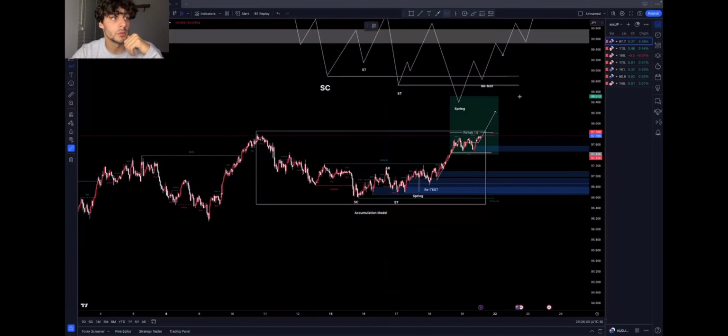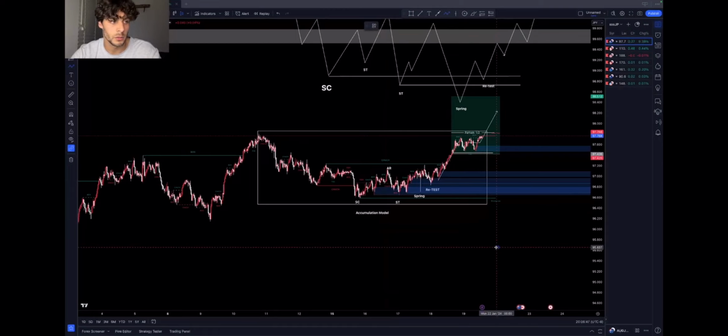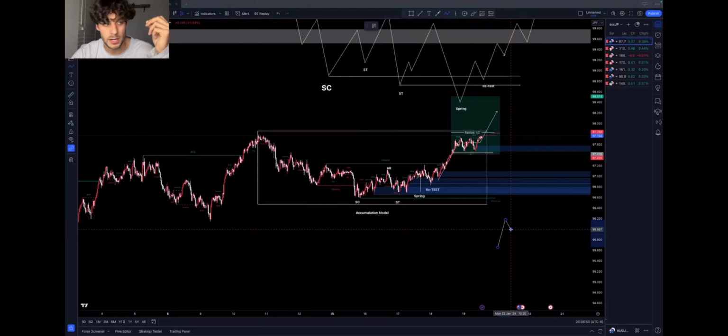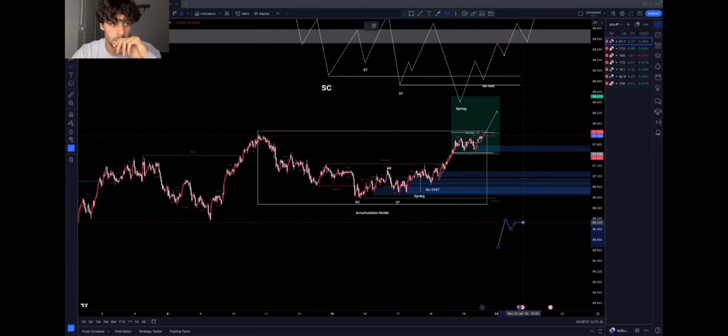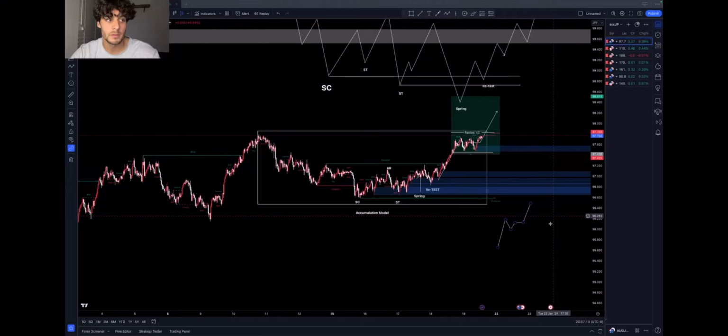So when you're looking at these structures, right, you're gonna want to look for an impulse to a pullback, a correction, right, before you get a little bit of consolidation, which on the 5-minute, whatever time frame you're watching, you're going to see some type of spring, some manipulation before you get this up move, right?